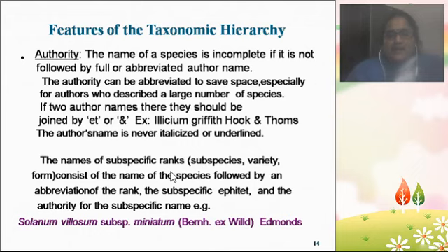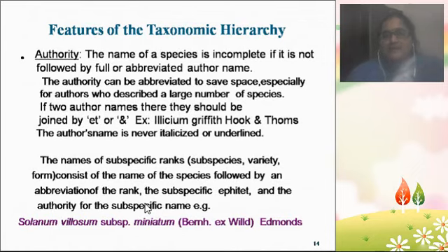Whatever taxa are present below the species, species is the basic unit of classification. Species is below, right? Of all the taxa, species is below. So whatever the ranks, subspecies, variety, form, their names are connected with the species.